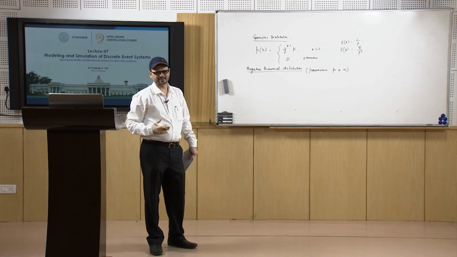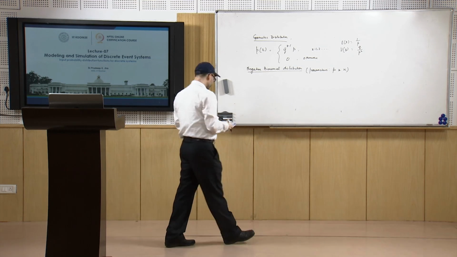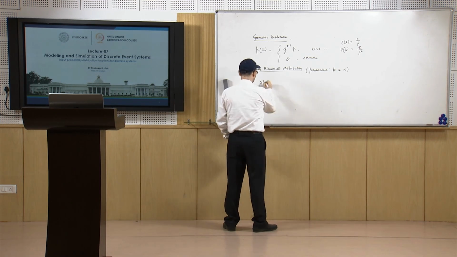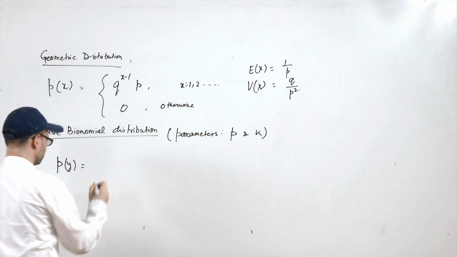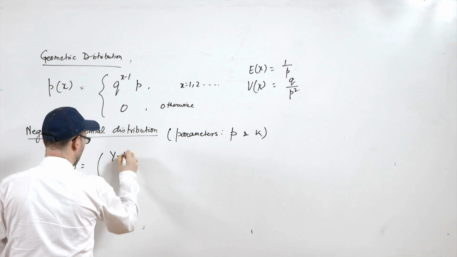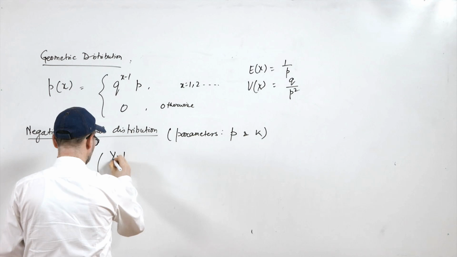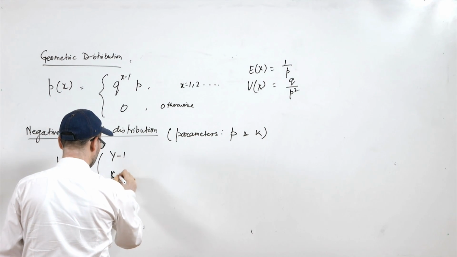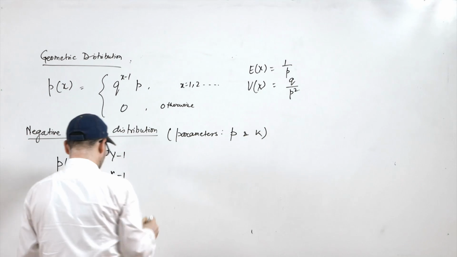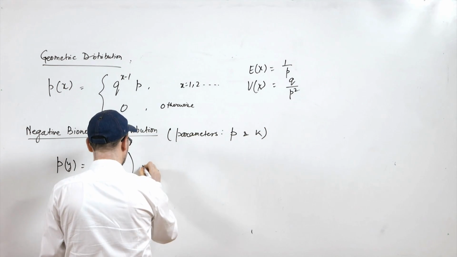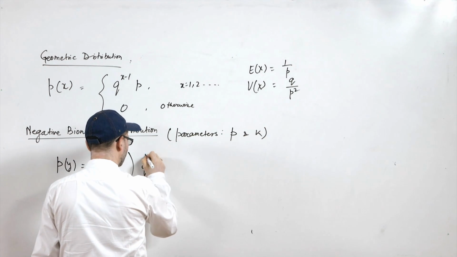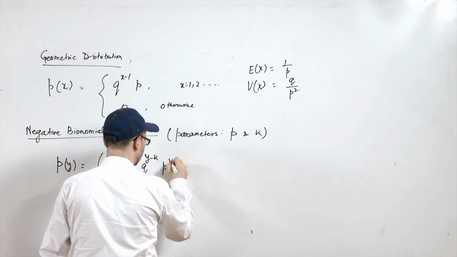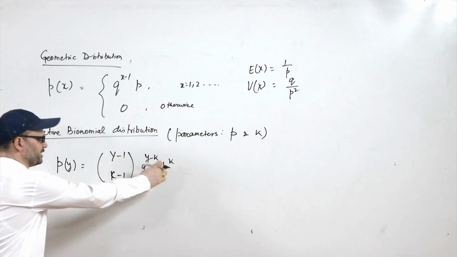Up to the kth success we will go for having the trials, and for that p of y will be y minus 1 C k minus 1, because you have y minus k failures and the success is k, you are getting the kth success.